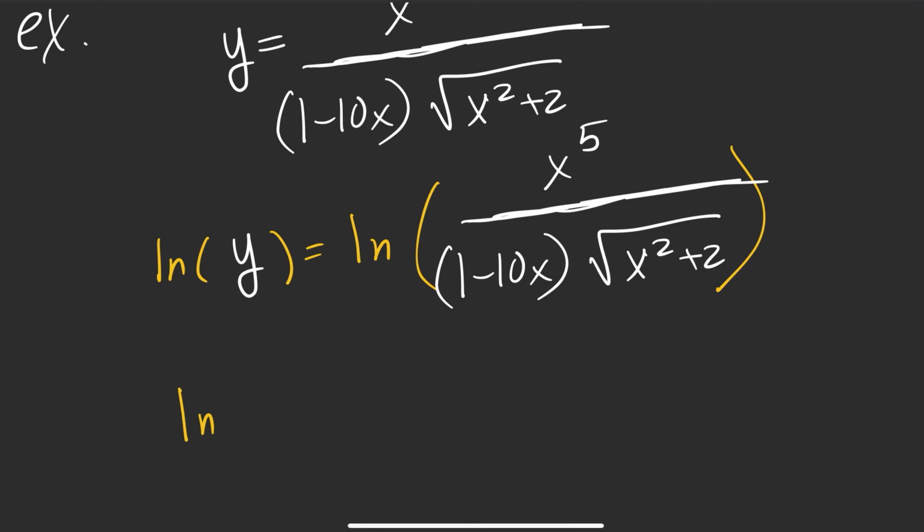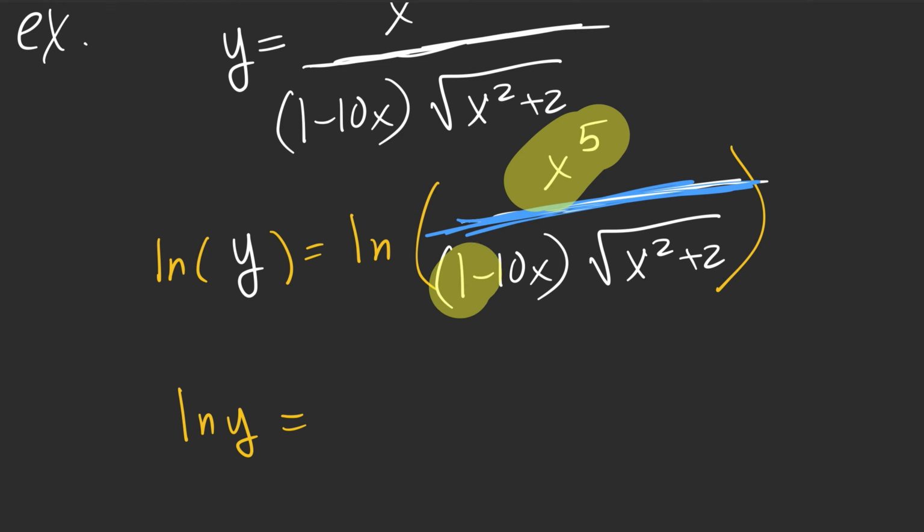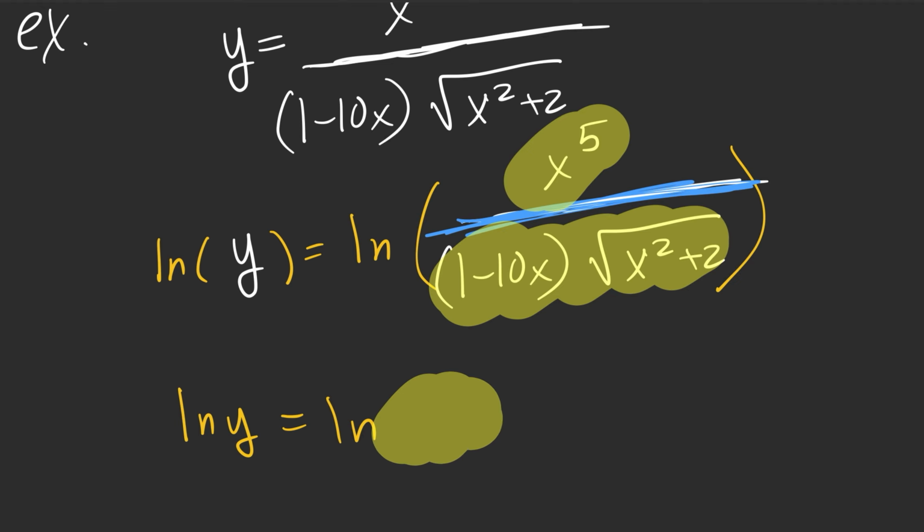Over here on the left, it just stays kind of boring, but on the right, I can first view it as the natural log of a quotient, where I have something divided by something else. So I can write it as the natural log of the first thing minus the natural log of the second thing, right?